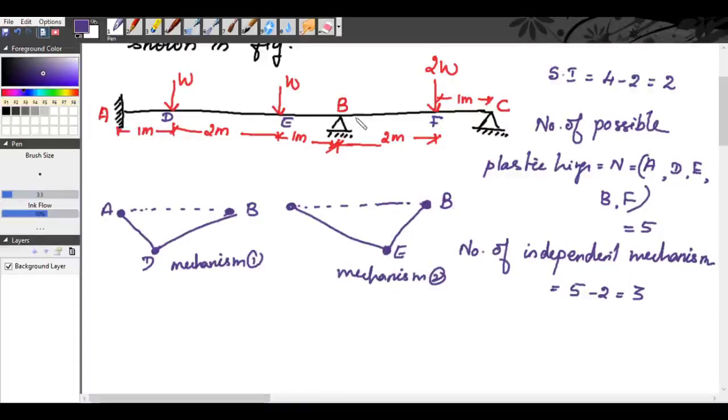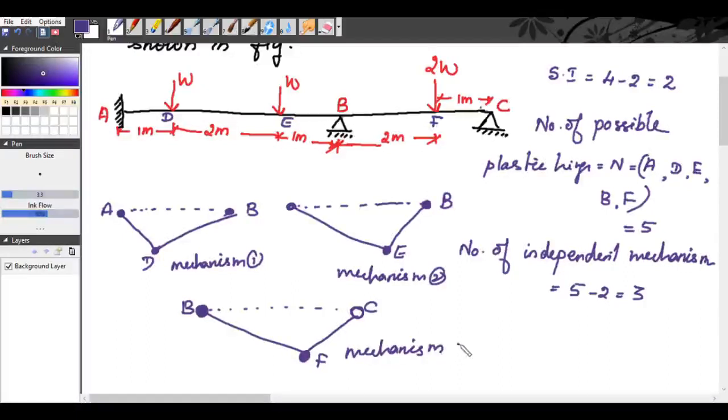and mechanism 3 will be in the span BC. In the span BC, we have only one concentrated load, so there will be only one mechanism. In the span BC, at C you have a mechanical hinge, at B we have a plastic hinge, and at F we will have a plastic hinge. So this is mechanism 3.